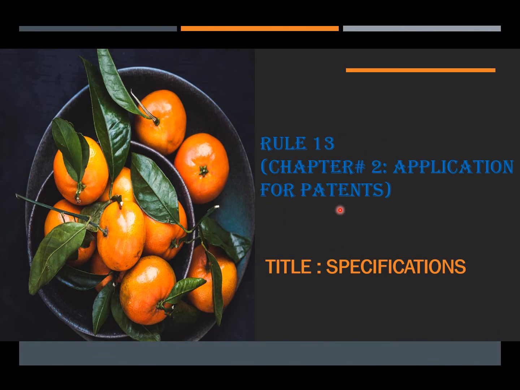So rule 13 comes from chapter 2, and chapter 2 is application for patents. Rule 13 has the title specifications. So you can just remember this title of Rule 13 is specifications, and the name of the chapter from where this Rule 13 comes is application for patents.